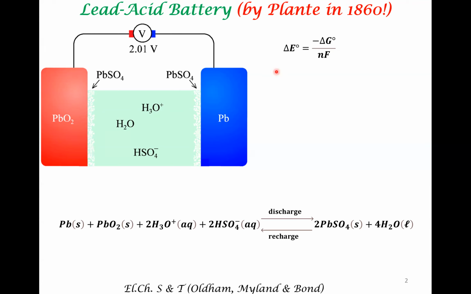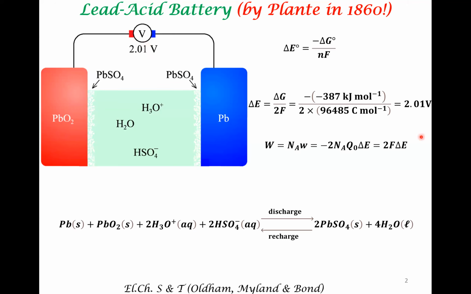This is a very important point. We'll come back to this in a bit. If you take the delta G of the reaction, you can get this number, which is the voltage that is being referred to here.